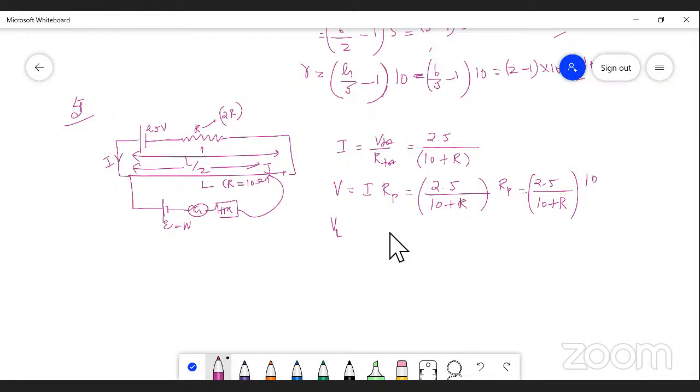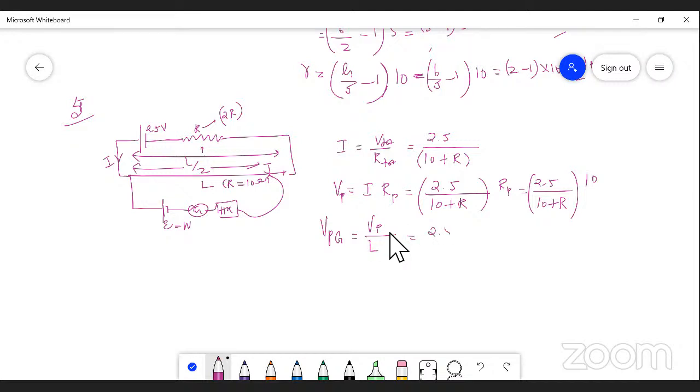So the potential gradient is the potential difference across the potentiometer Vp divided by the length of the potentiometer.